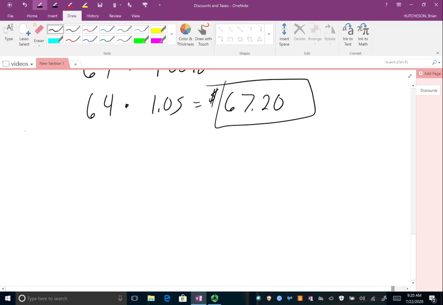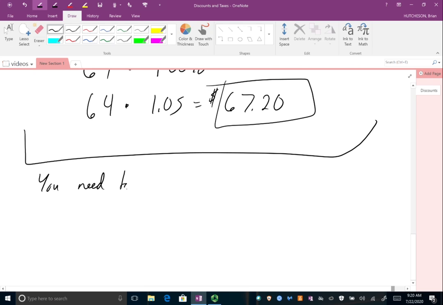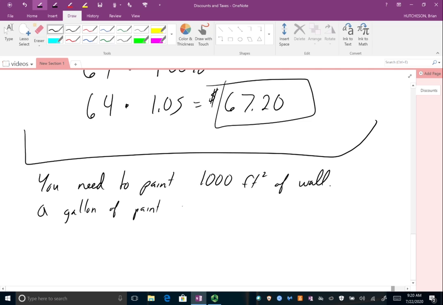So, let's do a word problem right quick. You need to paint 1,000 square feet of wall. A gallon of paint covers 250 square feet.